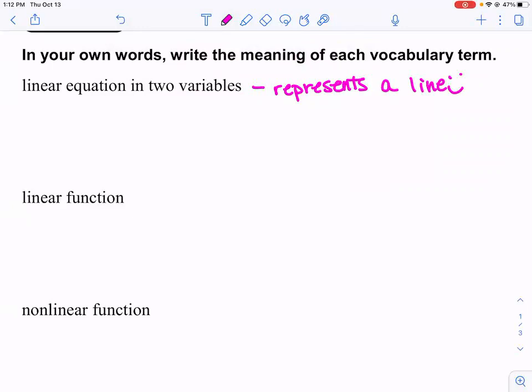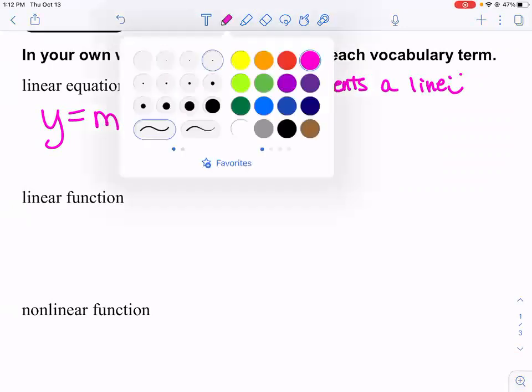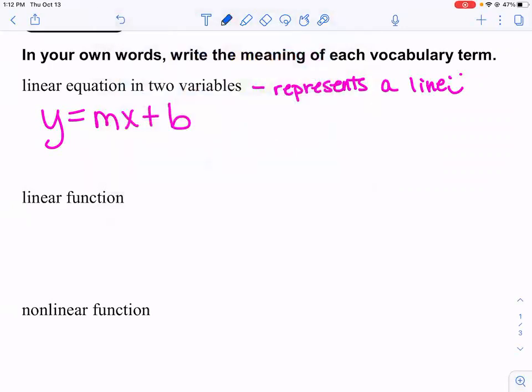So we are going to have an equation that looks like this, or can be rewritten to look like this. Y equals mx plus b is something that we're going to talk about next week after we take a quiz. But what you notice is that both x and y have exponents of 1.